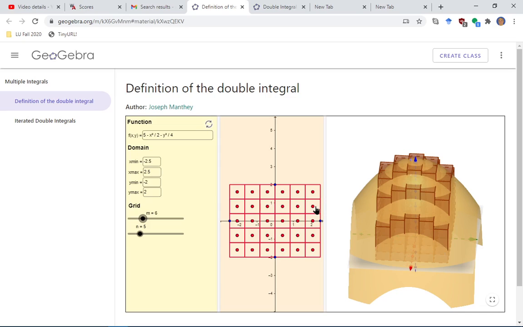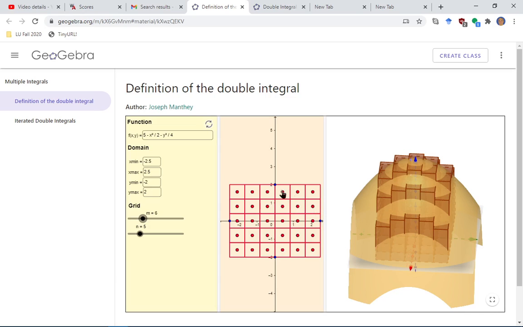Each of these little pencils is now built on top of the corresponding cell on the xy plane. What we are supposed to do is take the area of the base and multiply by the height. How do we get the height? Well, the height comes from this formula. We go to the cell and find some point, typically just the center of that cell. That center has an xy coordinate.